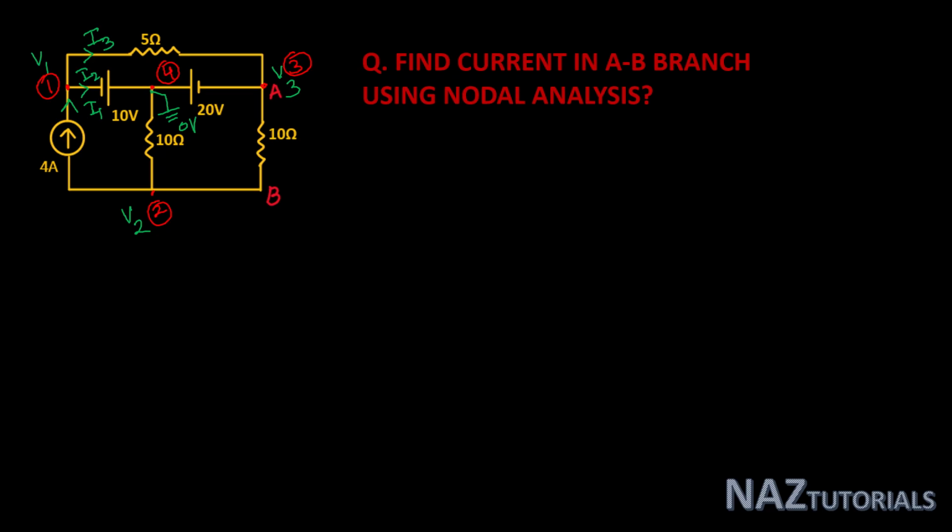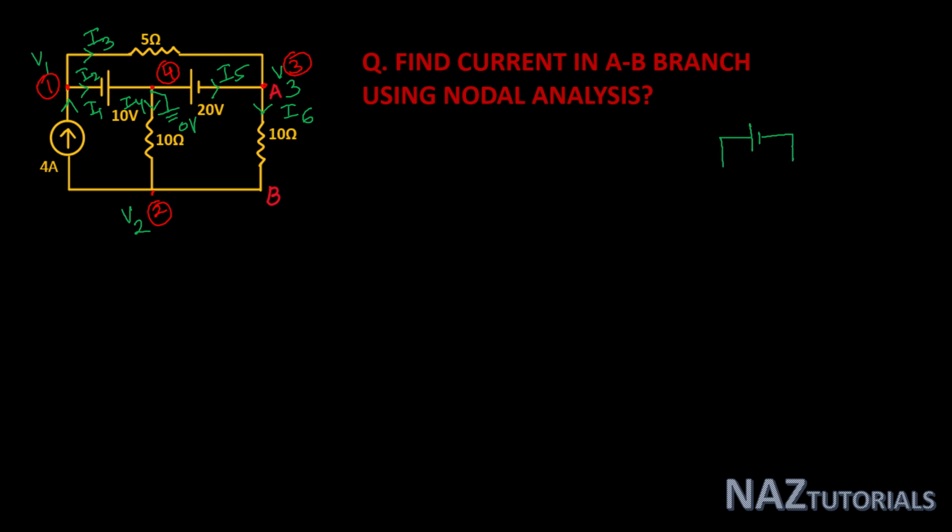For node 4, I2 is already defined, this is I4 and this is I5. For node 3, I3 and I5 are already defined, so this is our branch current I6. First we look at the individual source voltages so that we can calculate the node voltages.